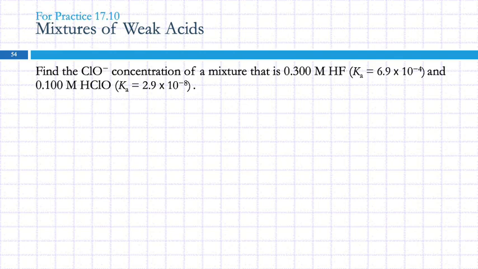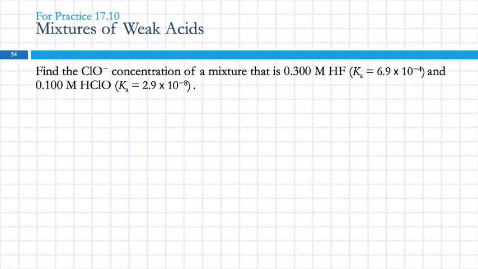So this is asking us to find the hypochlorite ion concentration of a mixture that's 0.3 molar HF, and their Ka is 6.9 times 10 to the minus 4. And we have hypochlorous acid, 0.1 molar, and that Ka is 2.9 times 10 to the minus 8.